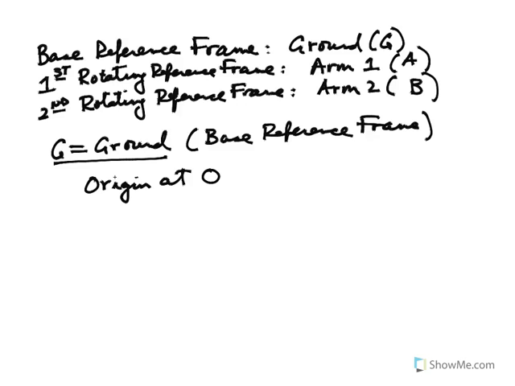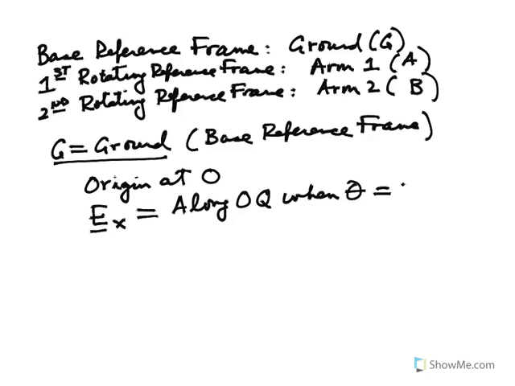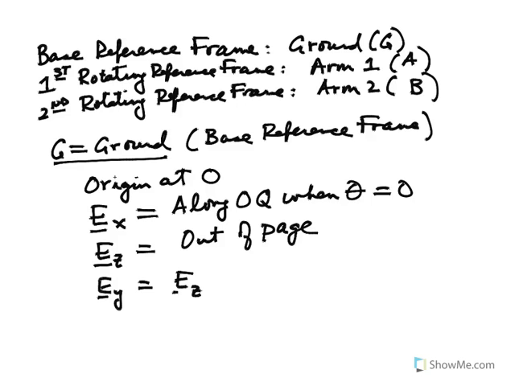And then EX is going to be along OQ when theta equals 0. That's effectively to the right in the diagram. EZ is going to be out of the page. And then EY is going to equal EZ crossed with EX. So that's the first coordinate system that's fixed in the ground.